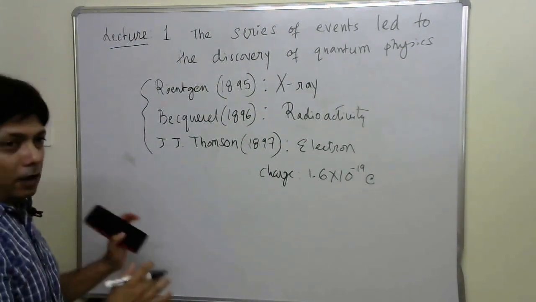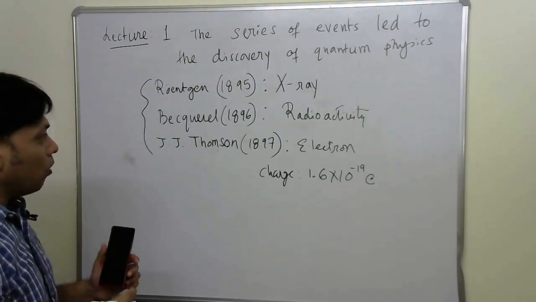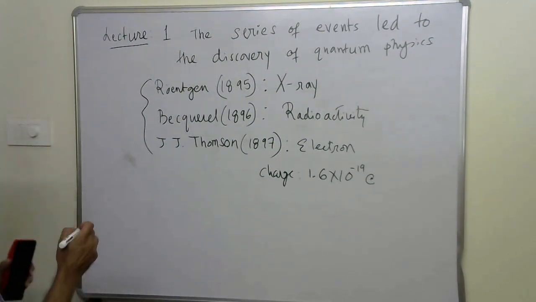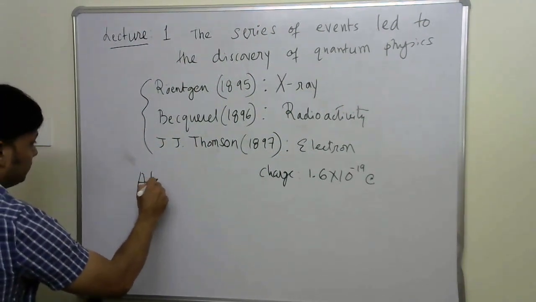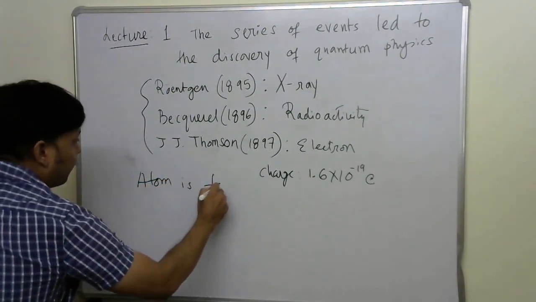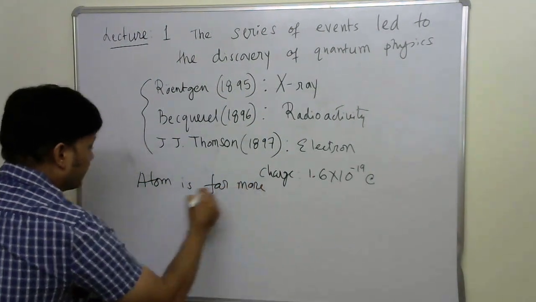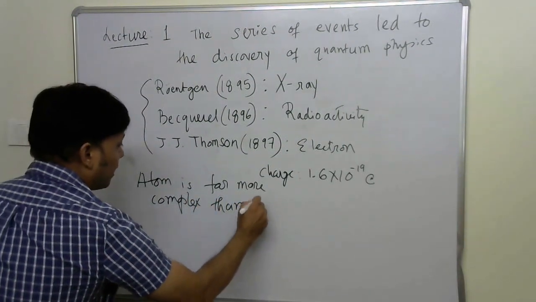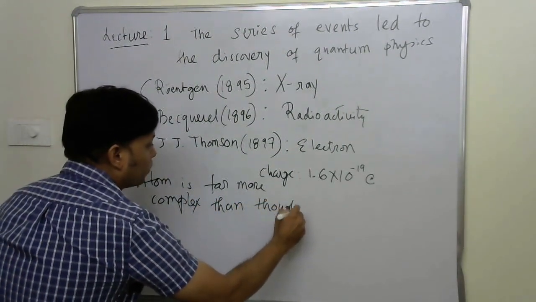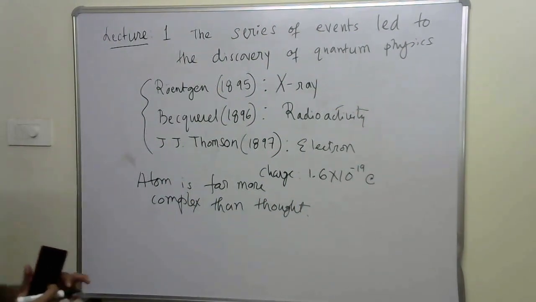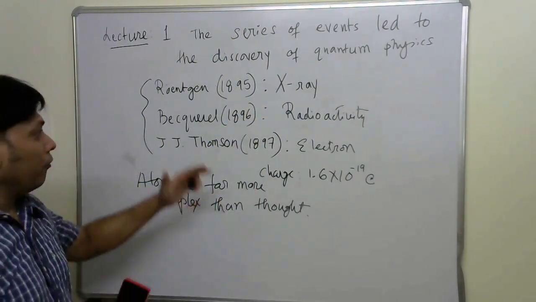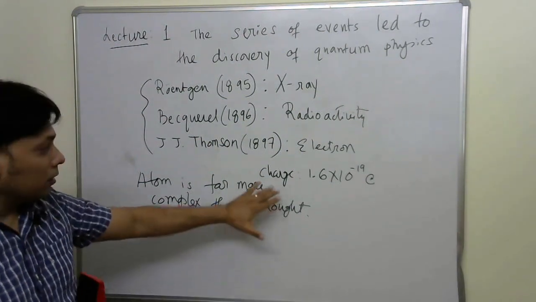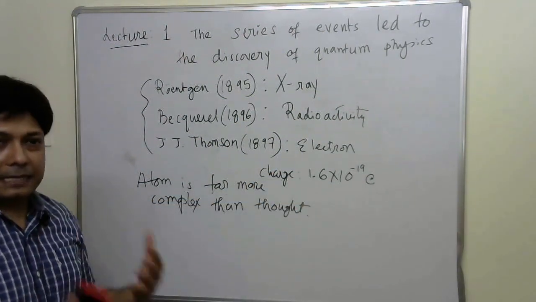So by the year 1900, people had understood one very important point, that the atom is far more complex than it was thought to be. Why? Because X-ray is an atomic phenomenon, radioactivity is an atomic phenomenon, and an electron, a subatomic particle with negative charge, stays in an atom.